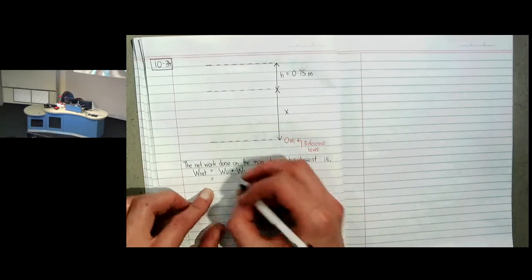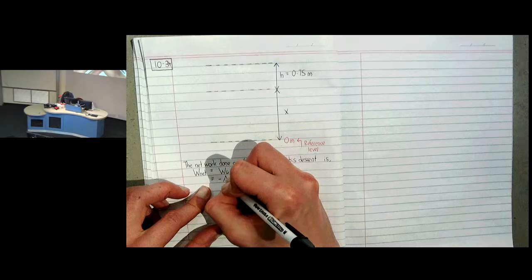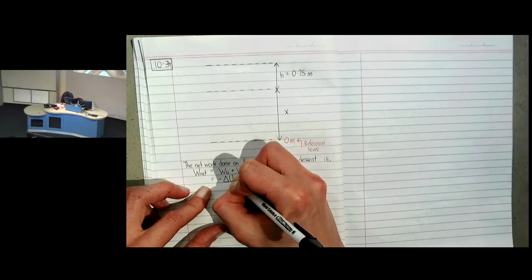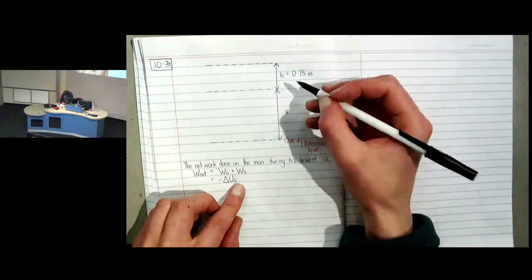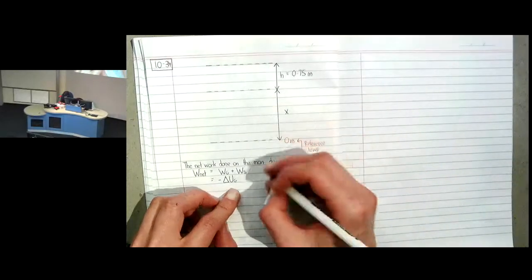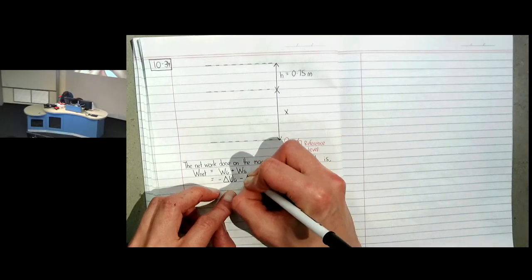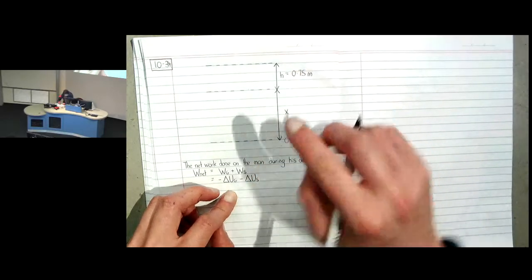And the work that gets done by gravity is, of course, just equal to the negative of the change in his gravitational potential energy. And the work that gets done by his safety rope is going to be the negative of the change in the elastic potential energy of this climber-safety rope system.